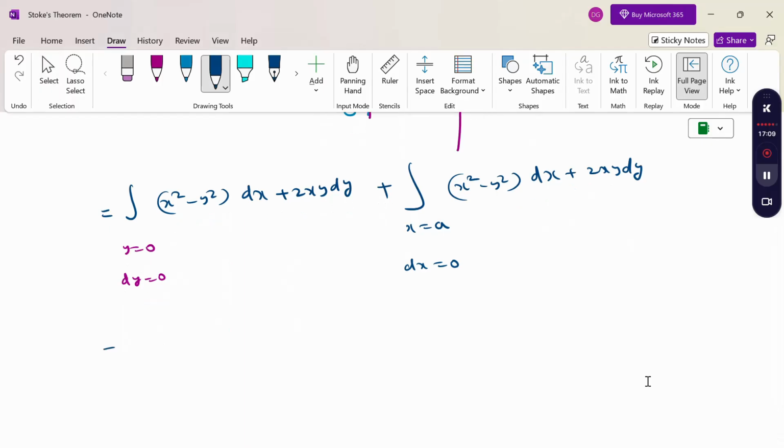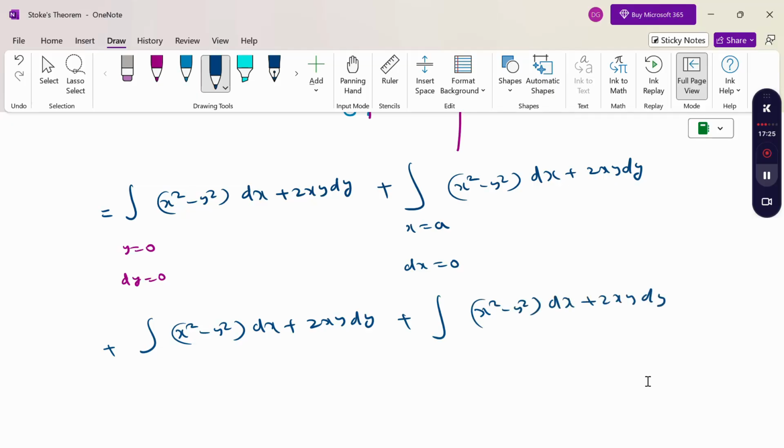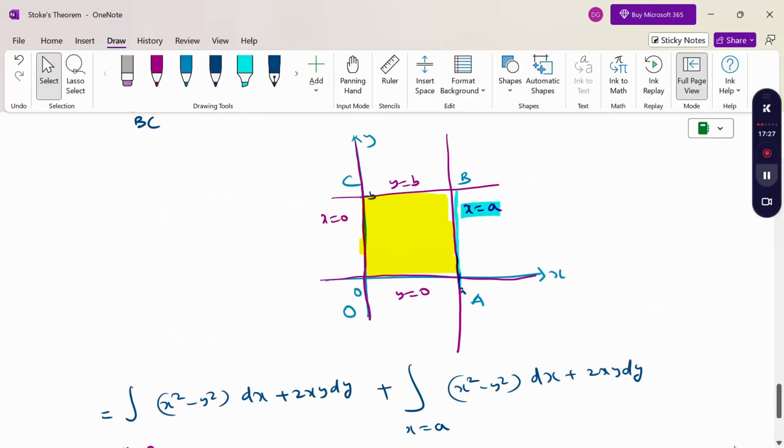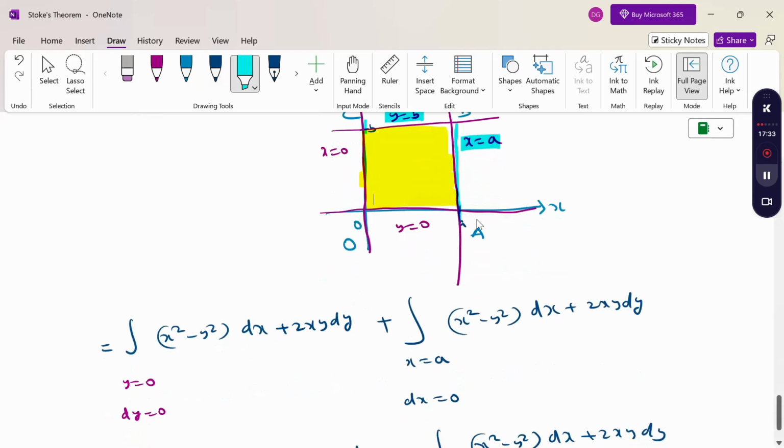Now what is the third one? The integral of (x square minus y square) dx plus 2xy dy. So where is the third line? B to C is the third line. On this B to C, y equal to b.